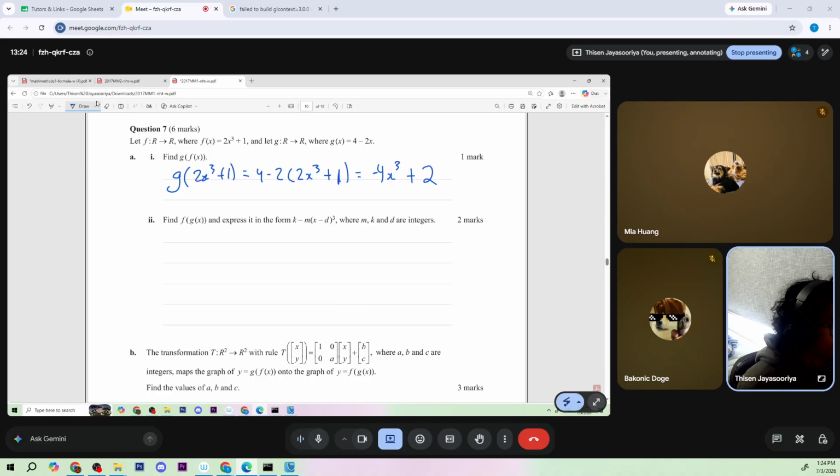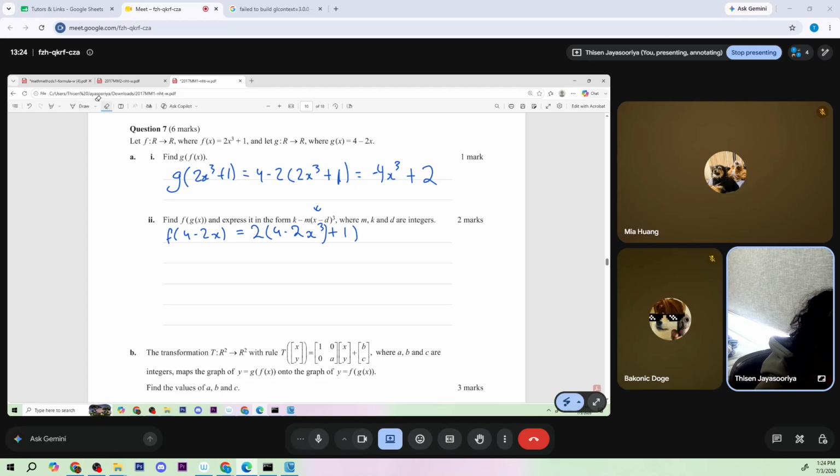Here it says find f of g of x and express it in this form, right? So here, f of 4 take away 2x is equal to 4 take away 2x cubed plus 1. So then what I can do here is I can actually put 2 outside the brackets of these two.